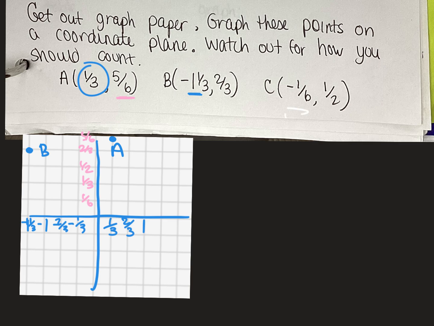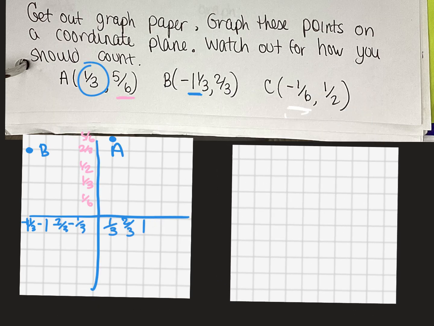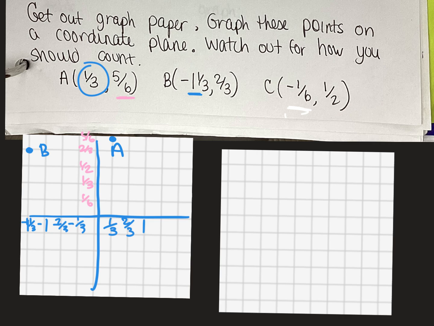Okay, this one is funky because look, I got to go negative 1/6. Well, negative 1/6 is halfway between these, but if you don't want to think of halfway, let's just do a whole new coordinate grid because I think that might just be easier. So I'm going to draw my axes.